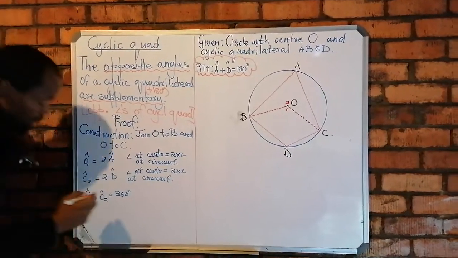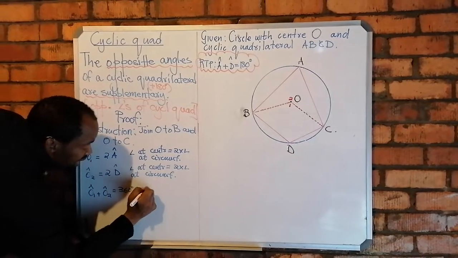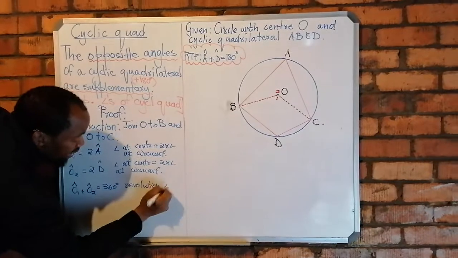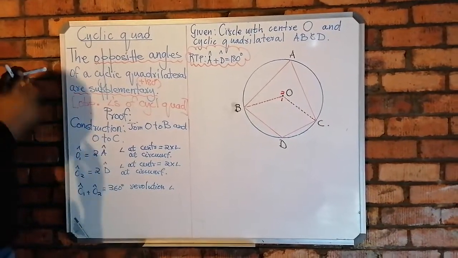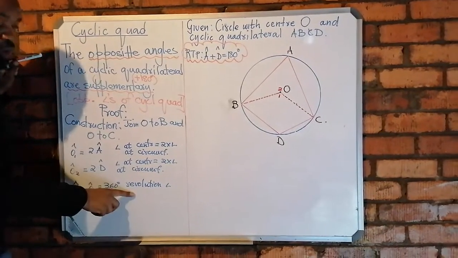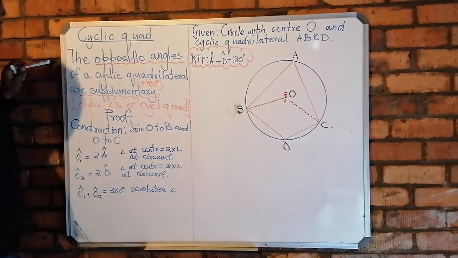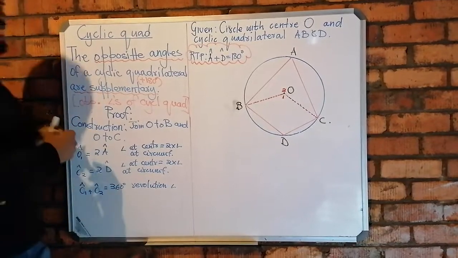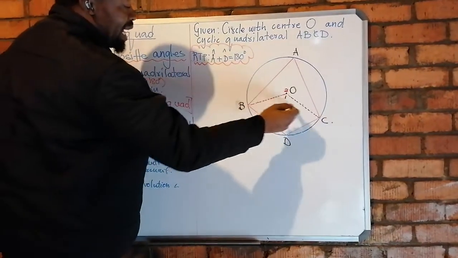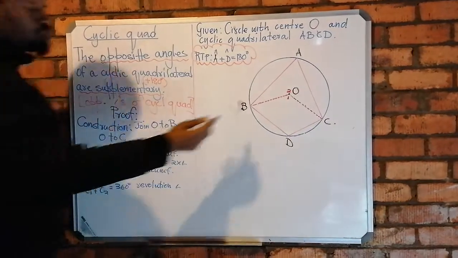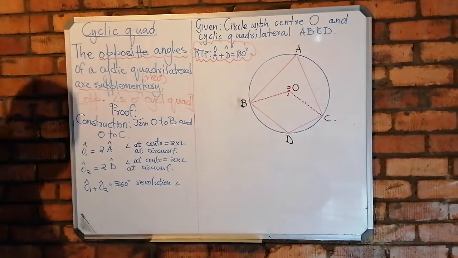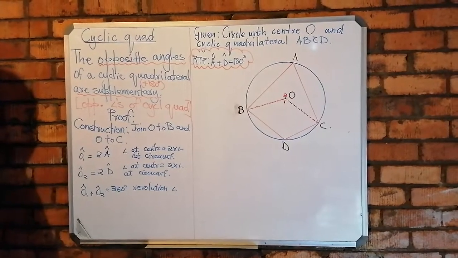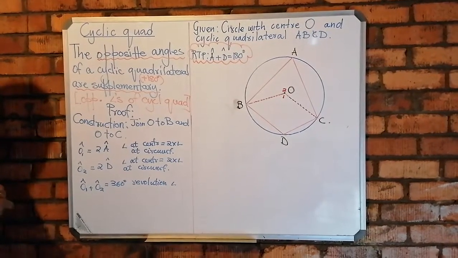All of you are saying revolution. And I want to say to other folks, revolution in this case does not mean the battle like in history, but we mean that those two angles are angles around a point. Now, don't think about the revolution like in the Battle of Isandlwana.